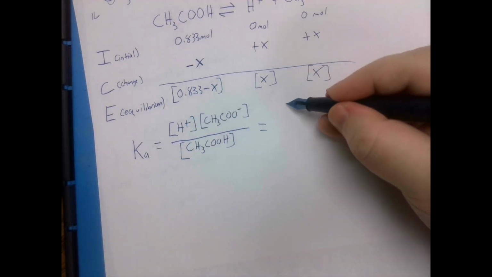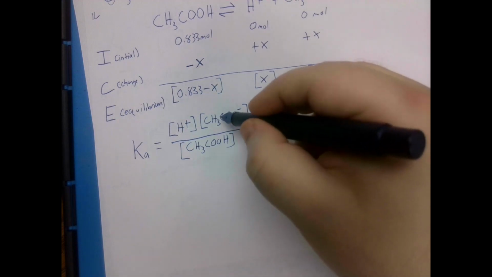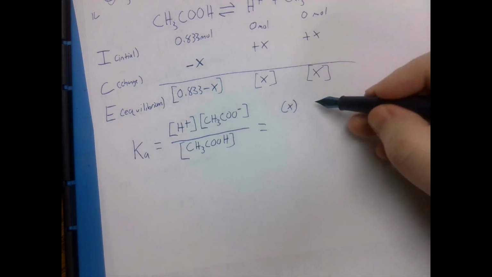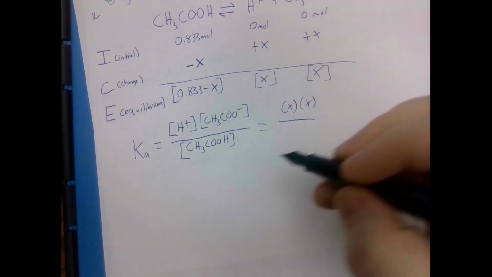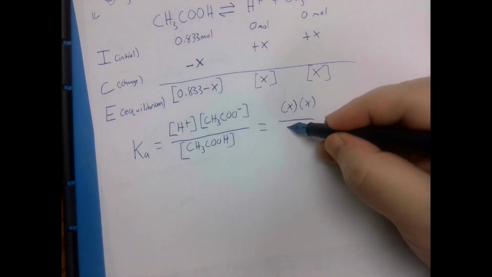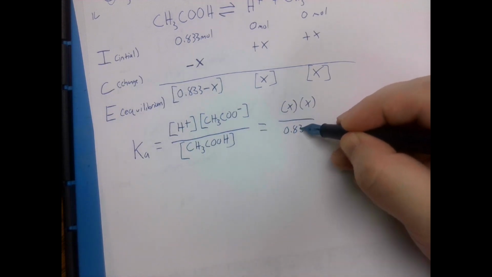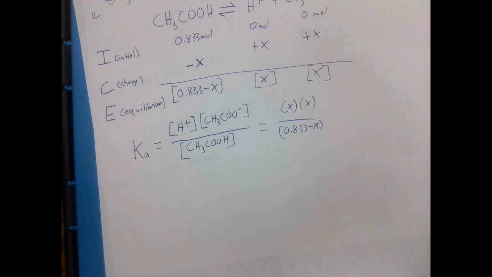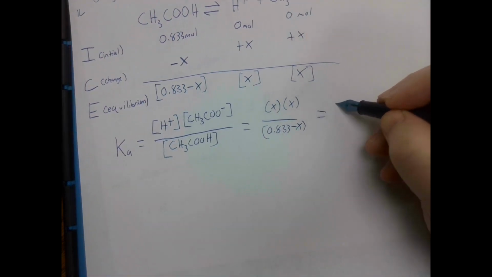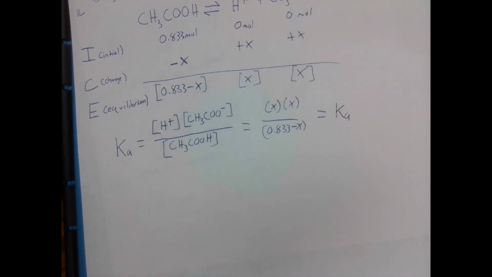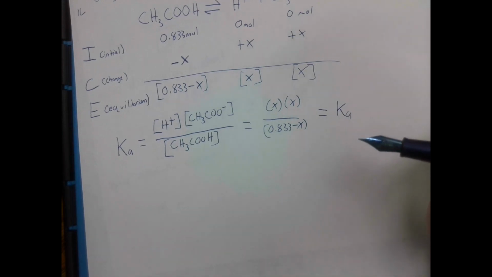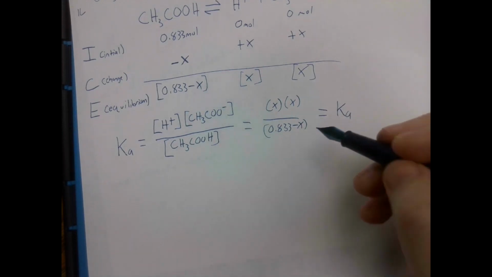So H plus is X, CH3COO negative is X, and my final result is 0.833 minus X. And this is equal to some constant. Now it's just to solve for X.